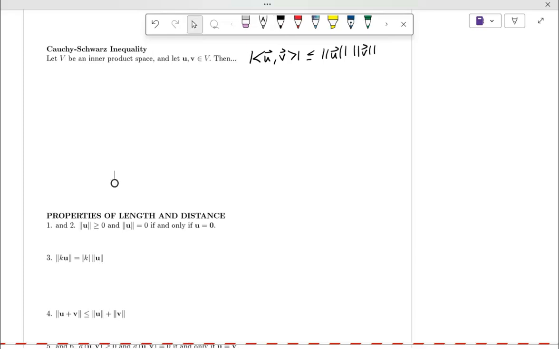All right. So to start with the proof here, we're going to start with a function, not x. I'm going to start with a function of t, and it's going to be the magnitude of tu plus v, squared.